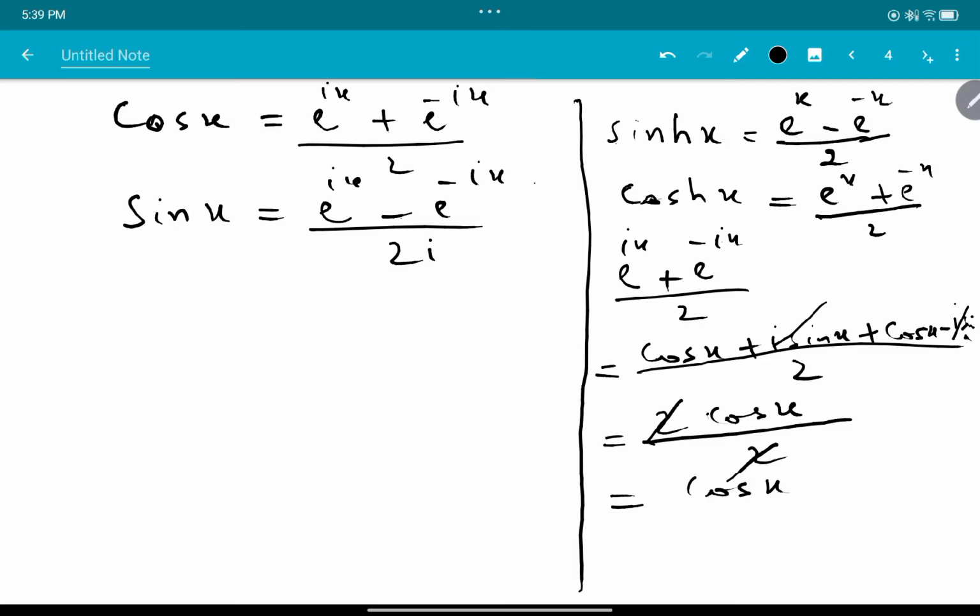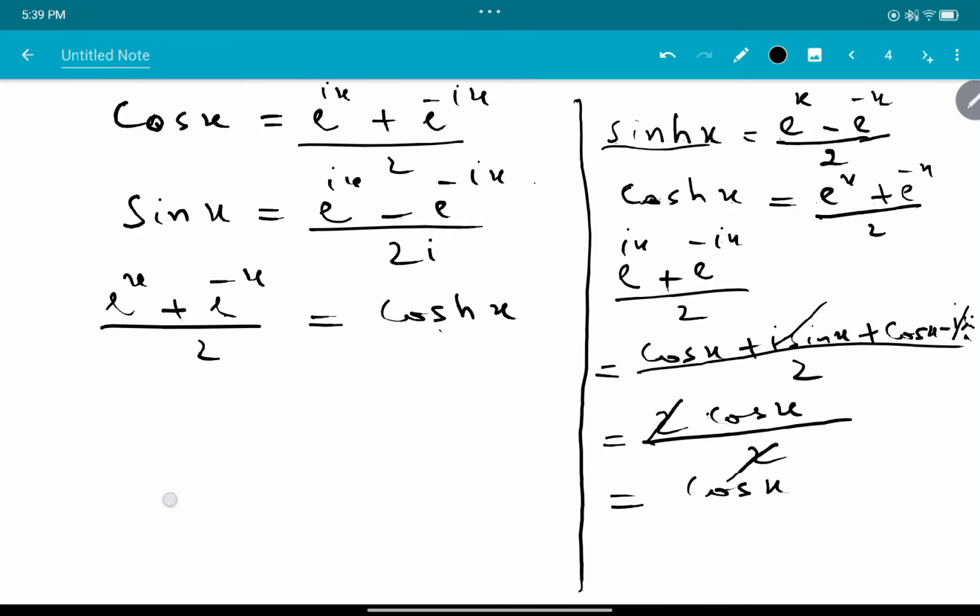Let's find their derivatives. The derivative of e raised to x is e raised to x, and the derivative of e raised to minus x gives a minus that comes down, so it becomes e raised to minus x, divided by 2. This is the hyperbolic cos, which we got by differentiating hyperbolic sine.